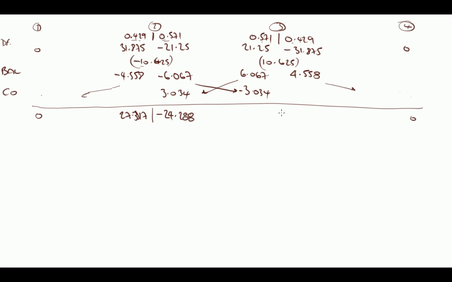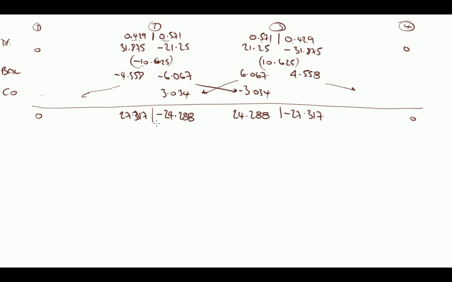And again, at this joint, 21.25 plus 6.067 minus 3.034 gives us 24.288. On that side, minus 31.875 plus 4.558 gives us minus 27.317. Okay, so we still have an imbalance, and we need to keep iterating until this moment gets distributed to a point where we're in equilibrium.